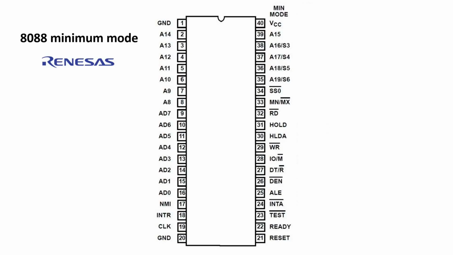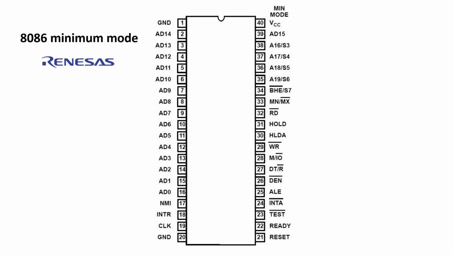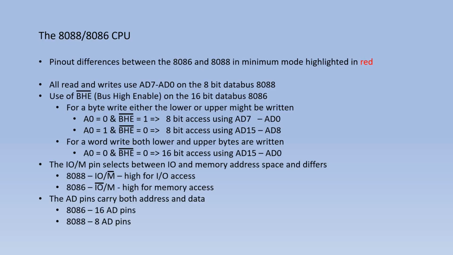This is the 8088 CPU configured for minimum mode. Intel have slightly different names depending whether you're in minimum mode or maximum mode, and this is the 8086 in minimum mode, and I'll explain very shortly the differences between the two. So in the following slides the pinout differences between the 8086 and 8088 in minimum mode are highlighted in red.